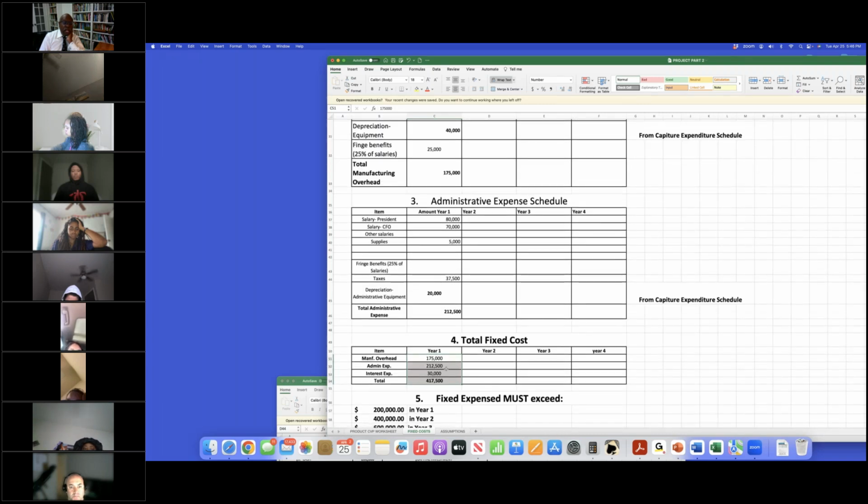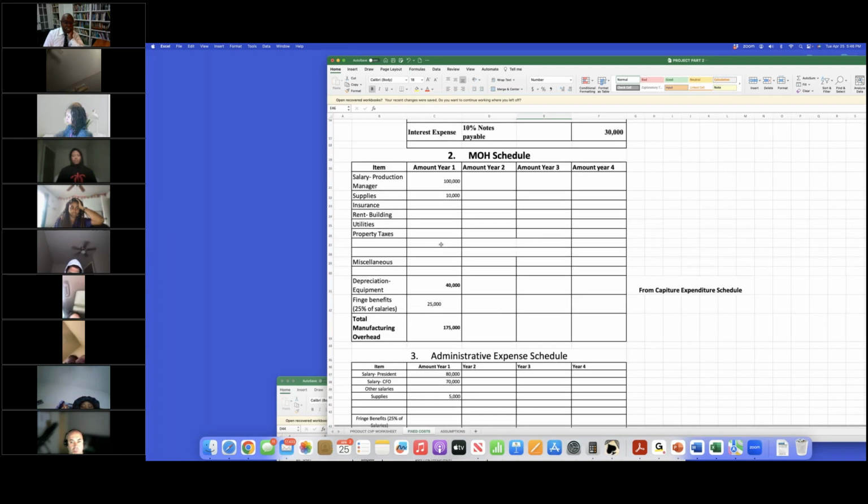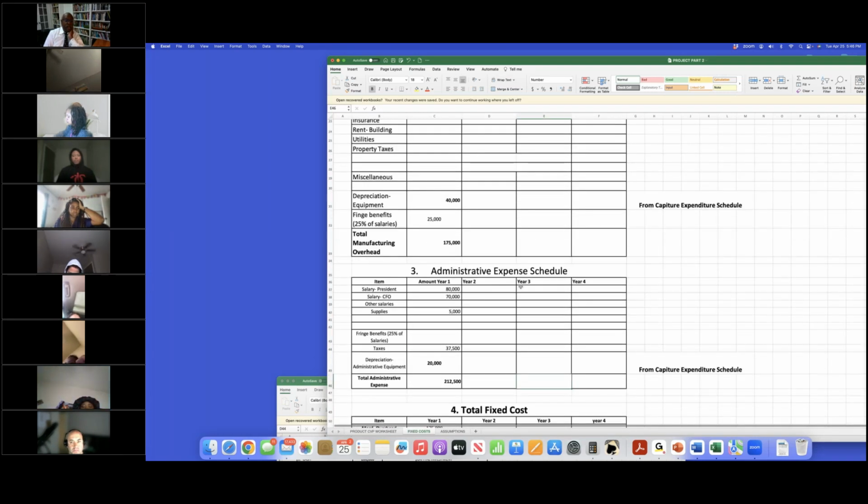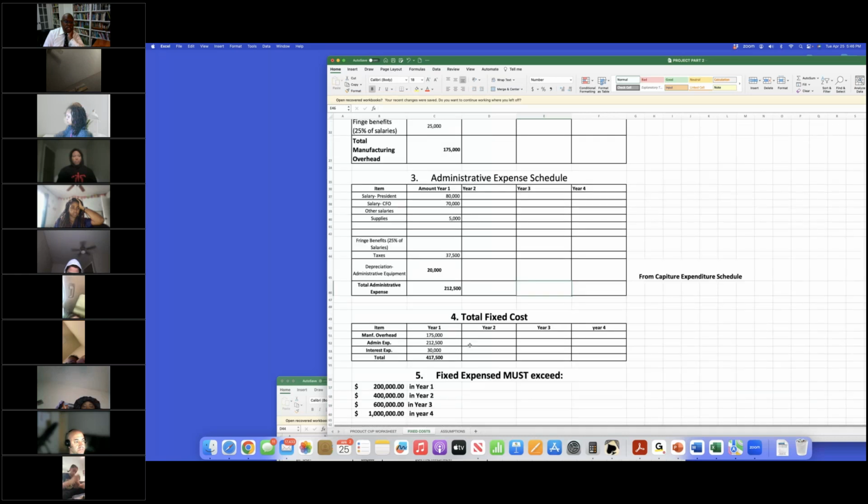Then we put in the other MOH expenses, the other administrative expenses. We total all of those out. So based on this, 417,500 will be our total fixed costs. So that's how this schedule works. As you work with it, you'll see, but that kind of pulls things together.